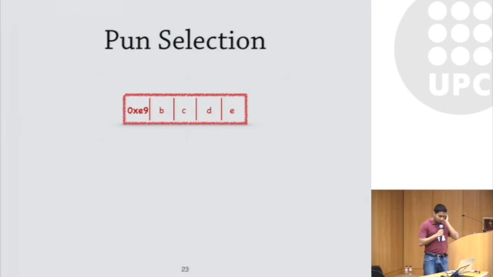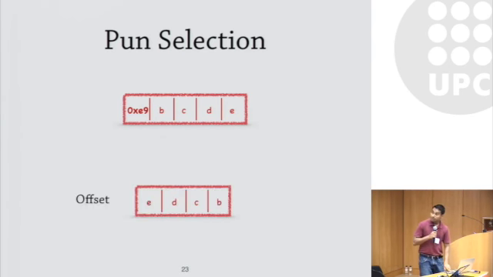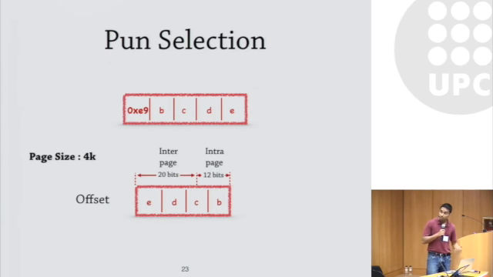So let's say we want to pick a value for these offset bytes B, C, D, and E here. x86 is little endian again, so we need to reverse the byte order to get the offset value. And let's say a memory page is 4 KB, which is typical.